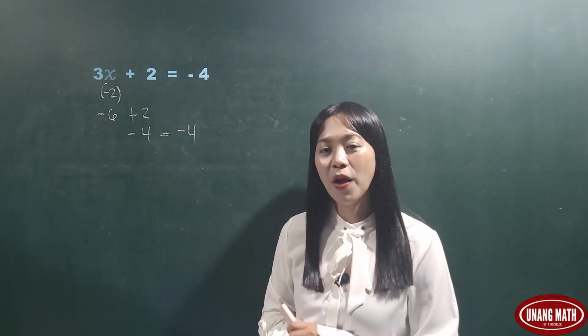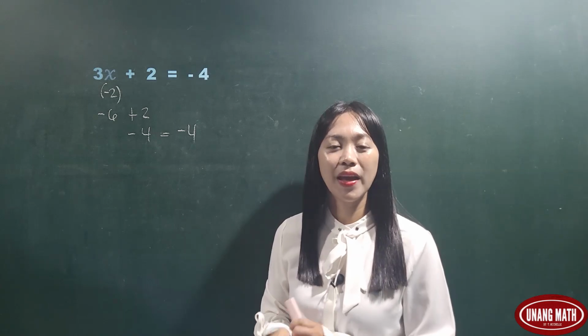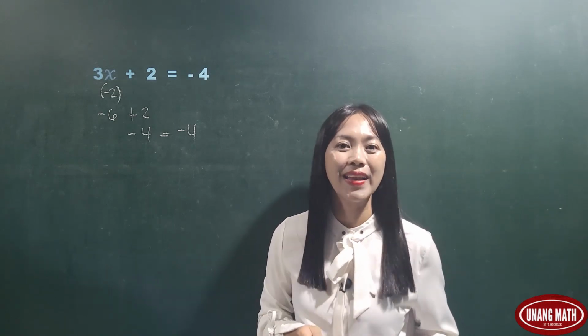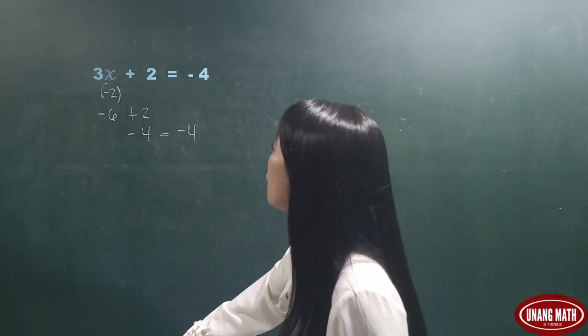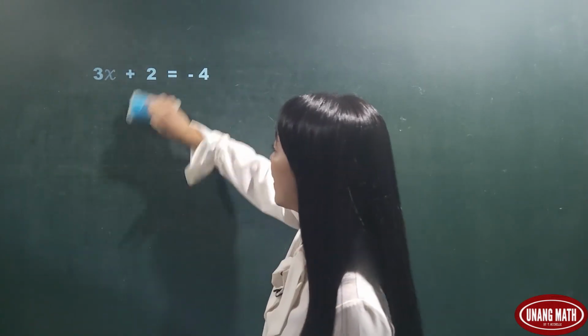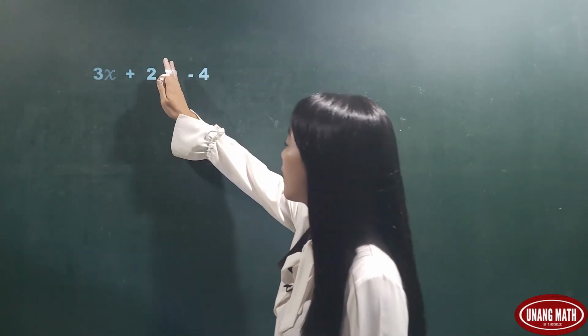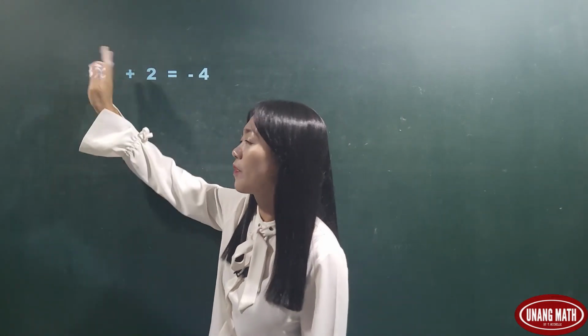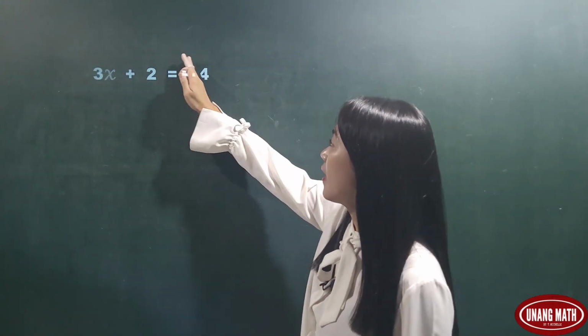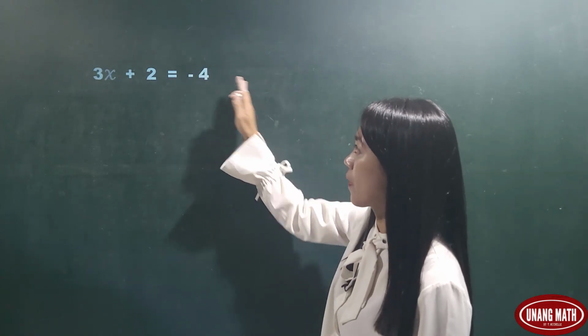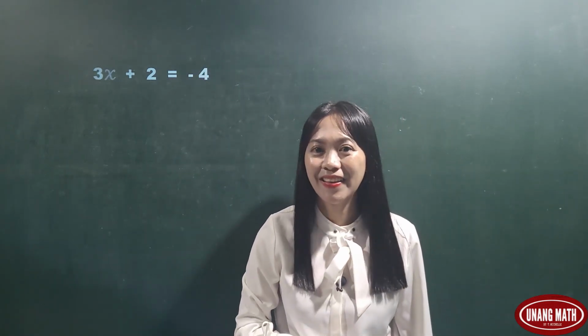But since our focus this episode is properties of equality, we have to think this way. In an equation, the equal sign means the number or expression on the left side is equal to the number or expression on the right side.